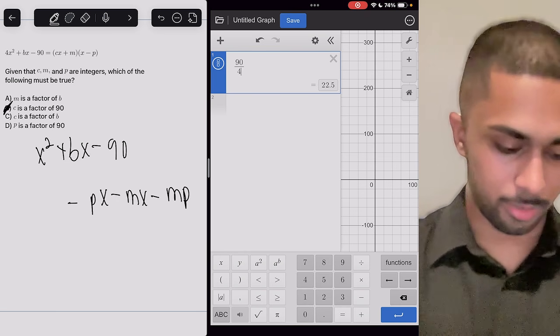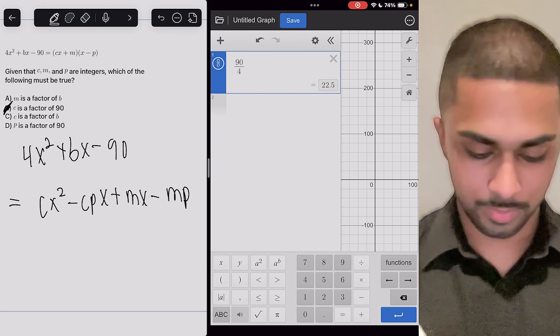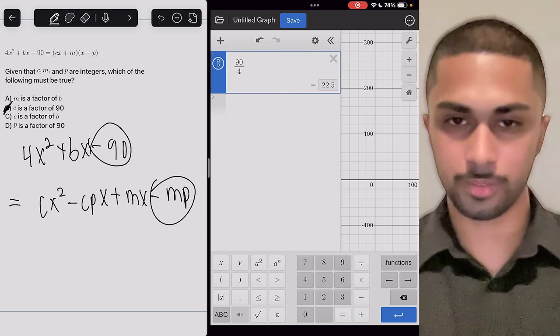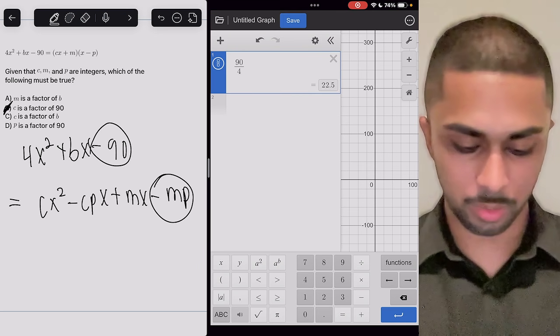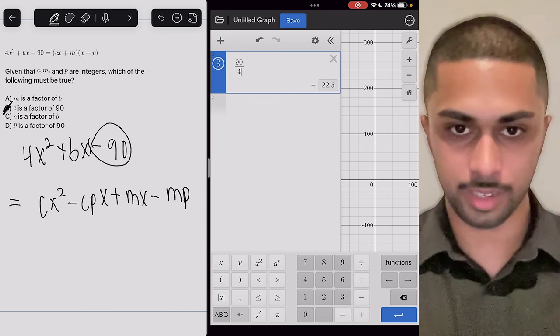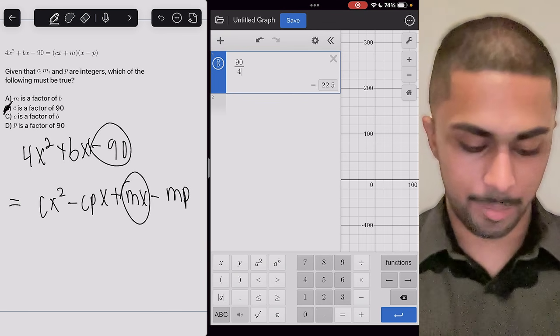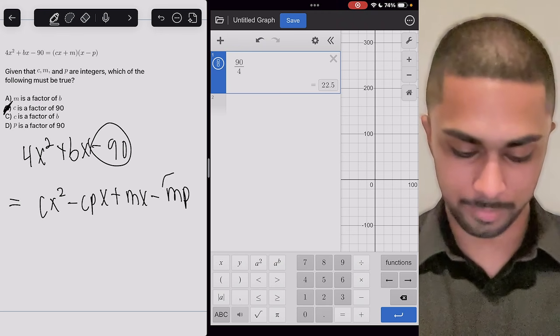From here, what we really want to do is set these equal to each other. Why? Because MP is the only term out of these 4 that doesn't have an X in it. Like MX has an X, and this one too, they both have at least one X in them.